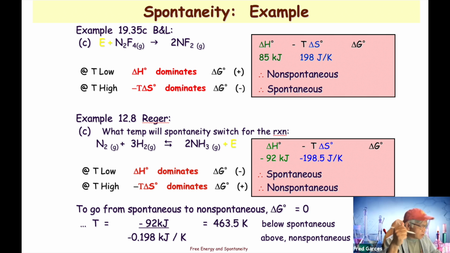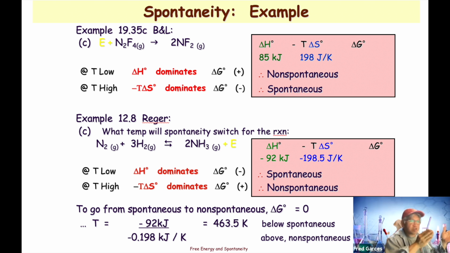That's why when you look at this right here, when these things have opposite signs, it's independent of temperature, because there is no switching temperature in which it goes from spontaneous to non-spontaneous.